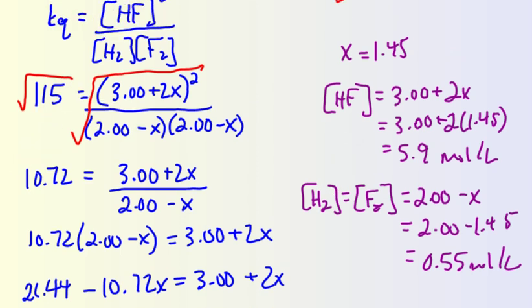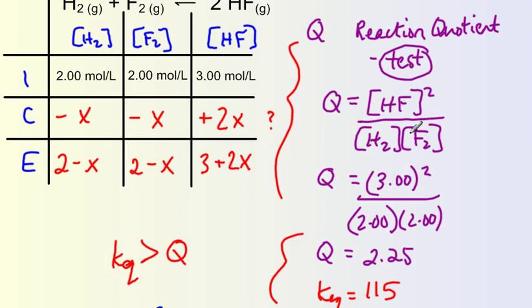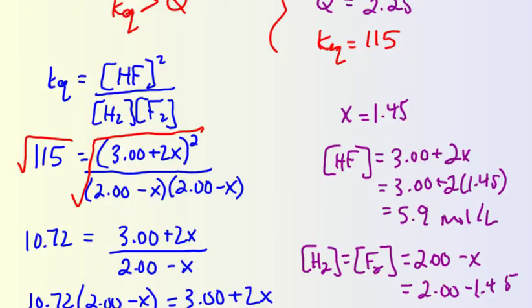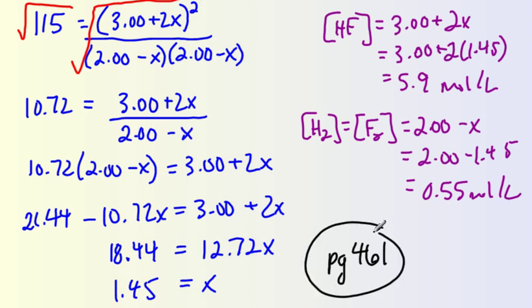So what has happened here is initially when we substituted the values in, we got a value that was much lower than KEQ, and then the reaction shifted to reach equilibrium, and now if we sub those values in, we will get 115 for our answer. You can try more questions around page 461 in your text that involve doing that Q test before you solve for the equilibrium concentrations.